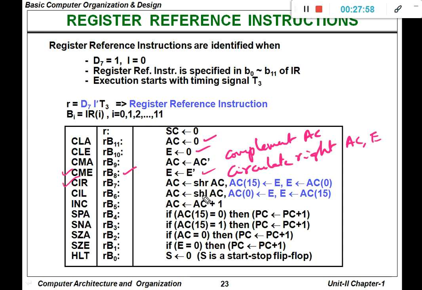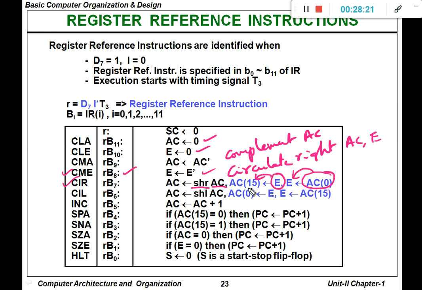So for circulating right, what do we need to perform? We need to perform the shift right operation. So here you can see the accumulator is assigned the shift right of the accumulator, and we are going to move the expansion bit to accumulator bit 15, and we are going to set the accumulator bit 0 value to the expansion bit.